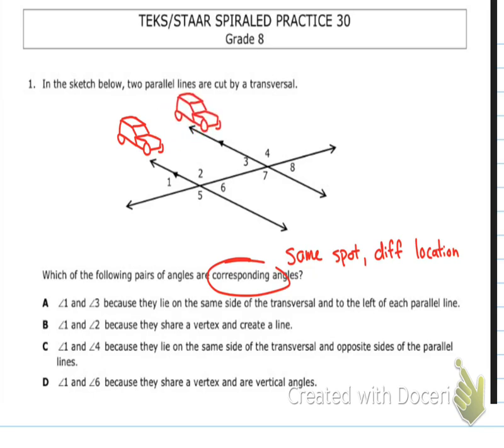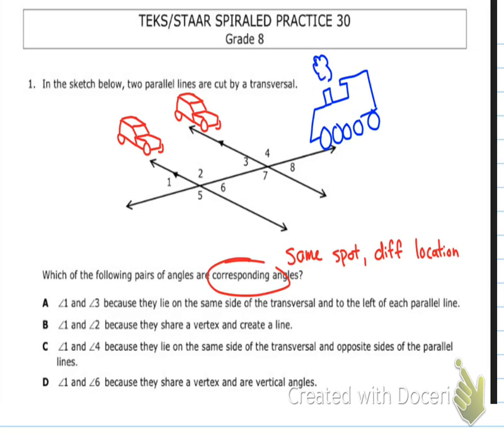So there's another car. And then it's being cut by a transversal. And I'm going to go ahead and pretend that this is going to be a train. So let's go ahead and draw a train. Let's see, something like this, I guess. All right, there's my little train.